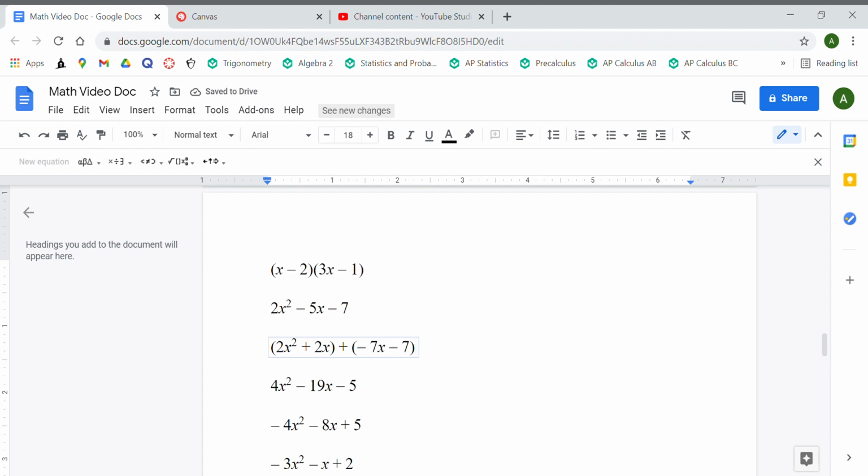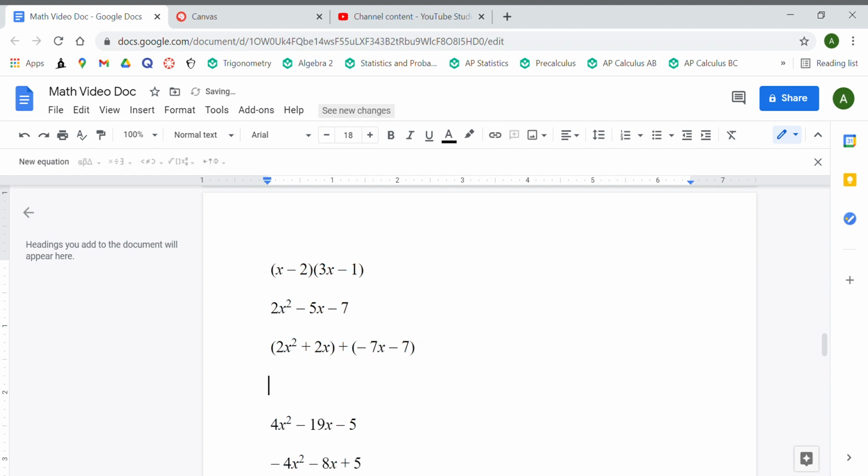Note that 2x plus negative 7x is negative 5x. So yes, we need to take the greatest factor and drop that sign next to the b and put it over here. Now we factor.